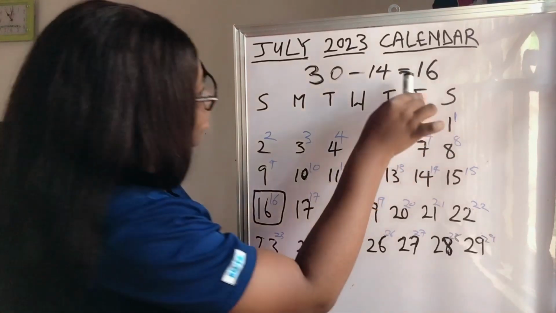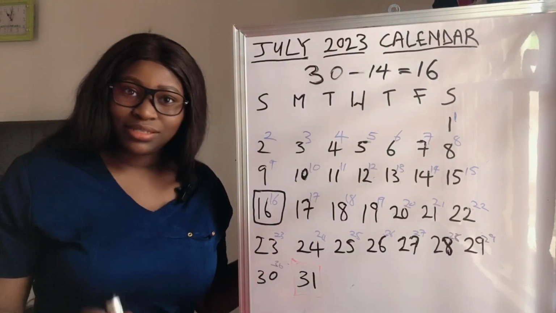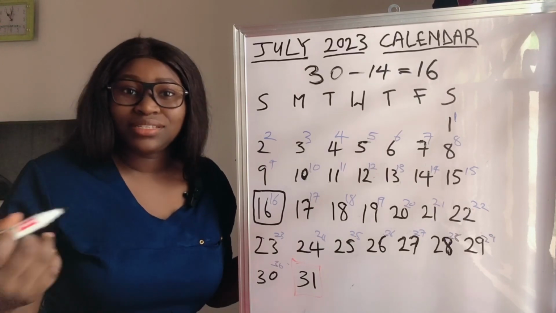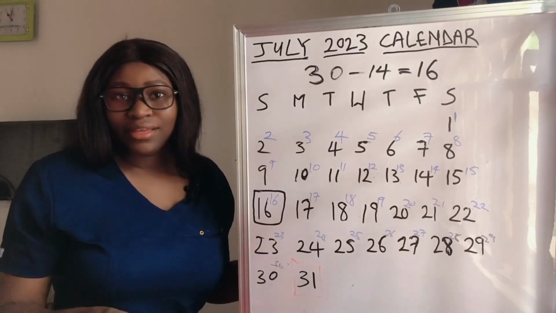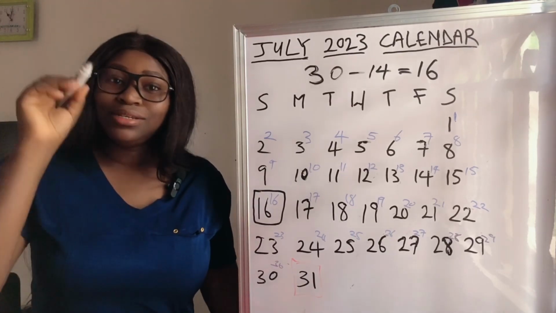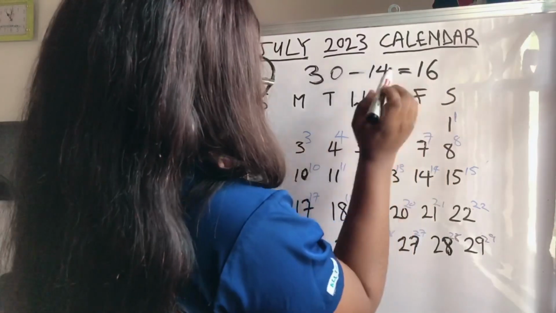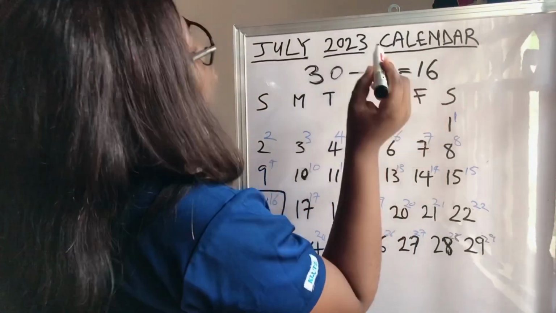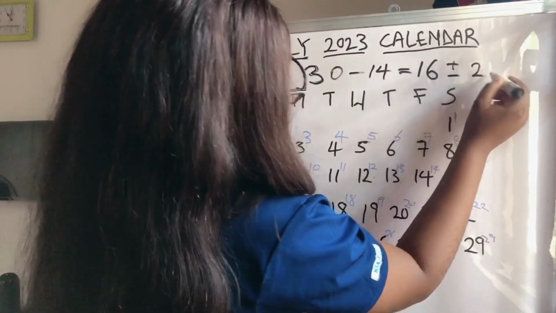Because we are not certain that the egg will be released on day 16. It can be released 2 days before day 16 or 2 days after day 16. So this is day 16, the day she's supposed to ovulate, then plus or minus 2.